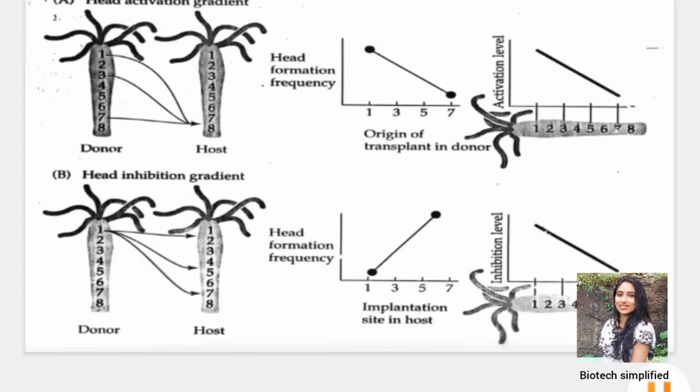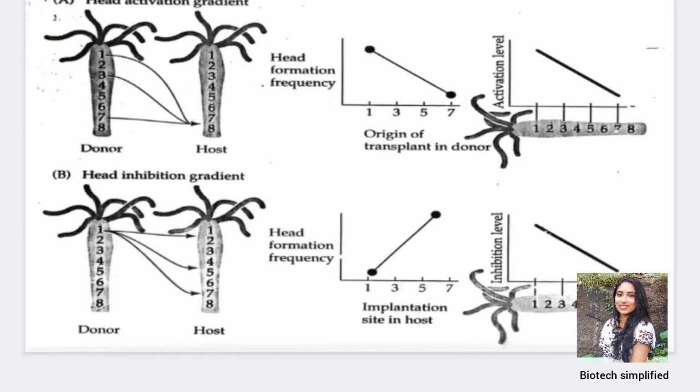The second conclusion obtained from these is that along with the head activating gradient, there is another gradient present in the head region, which is the head inhibiting gradient. The head inhibiting gradient is maximum in the head region, and it is least in the foot region.